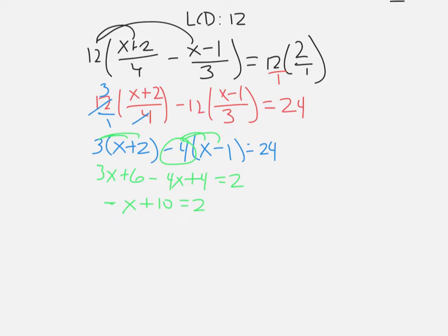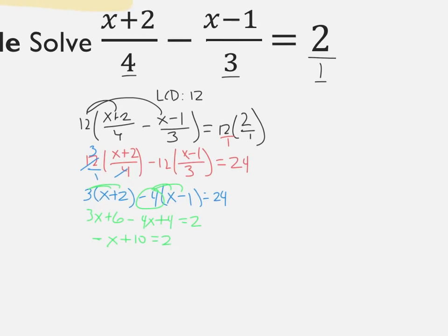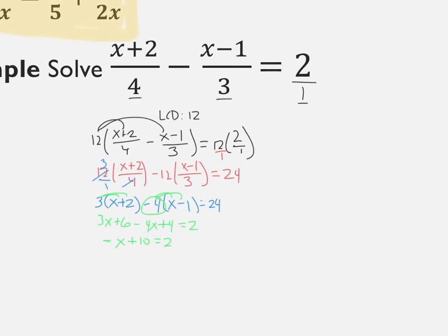Now, when we go to check for extraneous solutions, 8 plus 2 is 10, 10 fourths, which is 5/2, minus 7 thirds, does that equal 2? Use a calculator to find out. Unless I made a mistake. Oh, yep, I did.